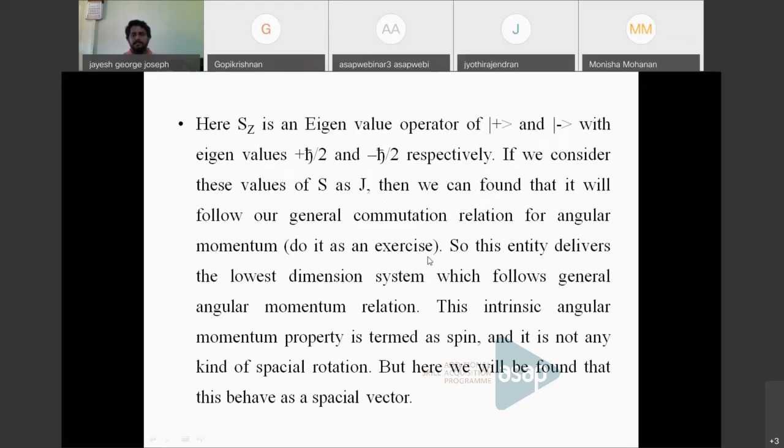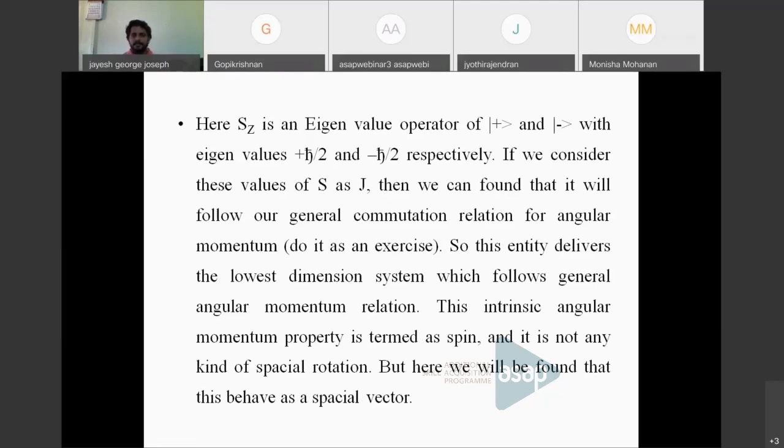That is, you substitute its values, then you find that it will follow the general angular momentum commutation relation. So this entity gives the lowest dimension system which follows the general angular momentum relation. This intrinsic angular momentum property is termed spin, and it is not any kind of spatial rotation. But we will find that it behaves as a spatial vector.